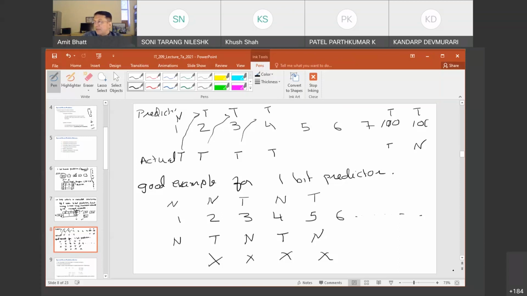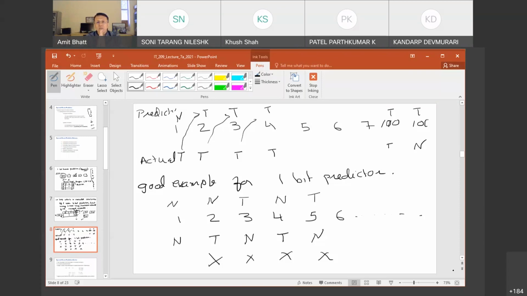Okay, so I don't want to go to the 2-bit predictor today because there is not much time left. But you can extend what your 1-bit predictor is saying. A 1-bit predictor's answer is taken or not taken, right? It's just a black and white world: either you take the branch or you don't take the branch.